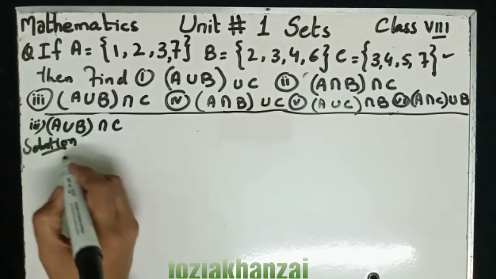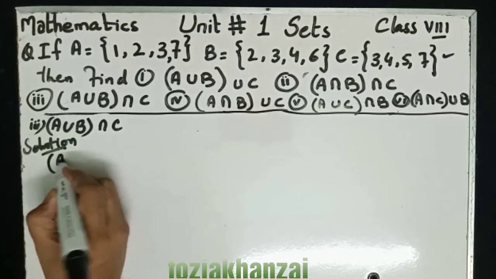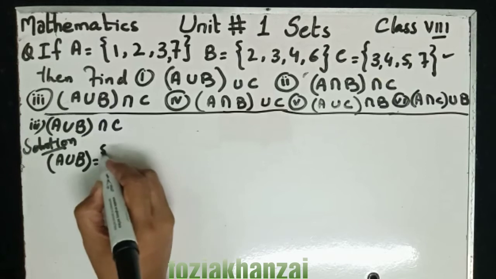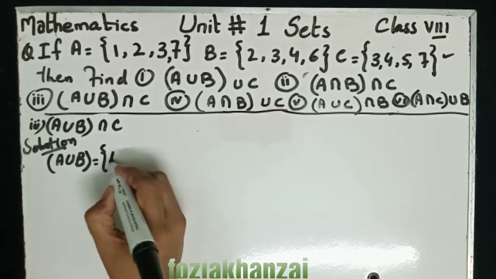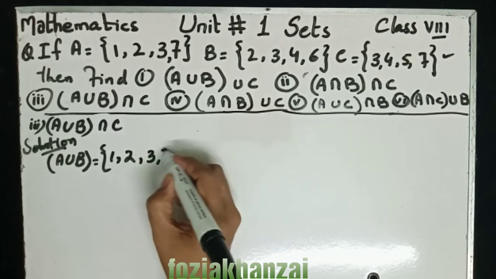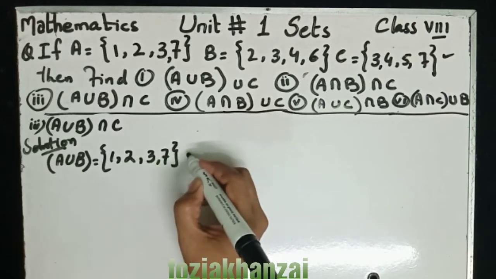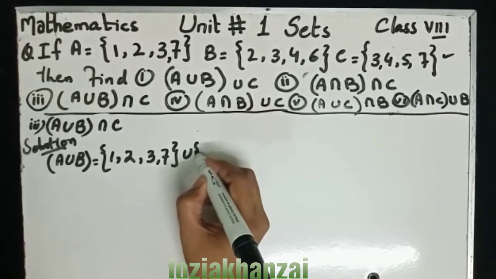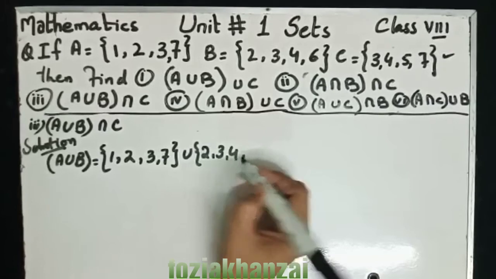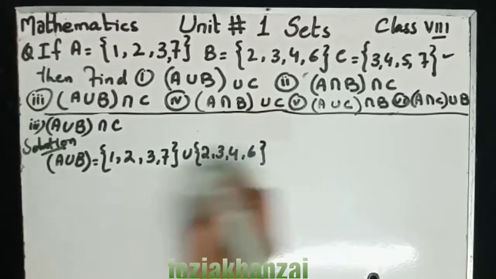First we solve the round bracket: (A union B). Copy the elements of the first set, set A: 1, 2, 3, 7, then the union sign. Then copy set B: 2, 3, 4 and 6.